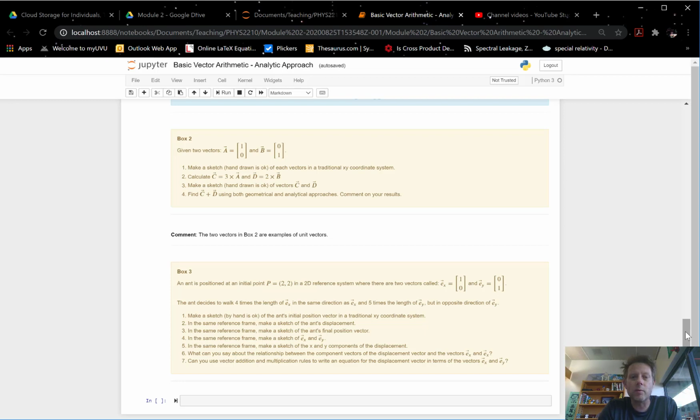Box 2 is more specifically about multiplication, but also addition, and also going back to the geometrical approach, so you can compare both the geometrical approach and the analytic approach and see if you can explain why those two give you exactly the same result, but the representation is different. In box 3, we're really just trying to give you a problem where you can summarize what you learned throughout the vectors experience.